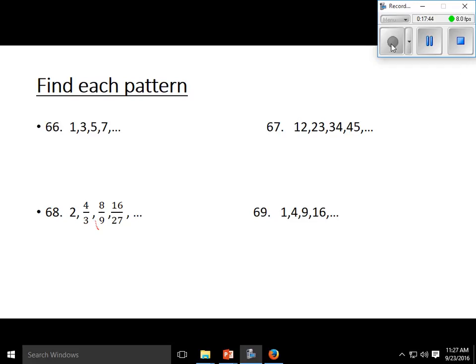Times by 3. Okay. Write your next fraction. Use your calculator. Make it easy, don't make it harder than it has to be.